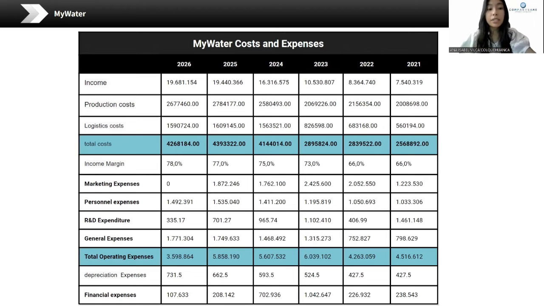Then we took a decision to spend and put more into the innovation part, because we are trying to follow our objectives and our generic strategy that I mentioned before. We have our total operating expenses, and then our financial expenses, which become a very important part that we can afford over the years. And that's all about the costs and expenses.